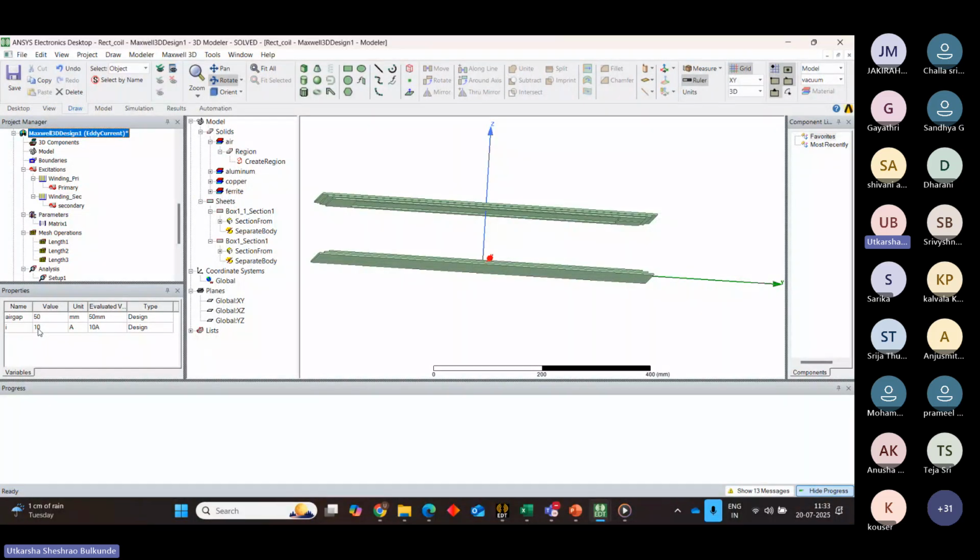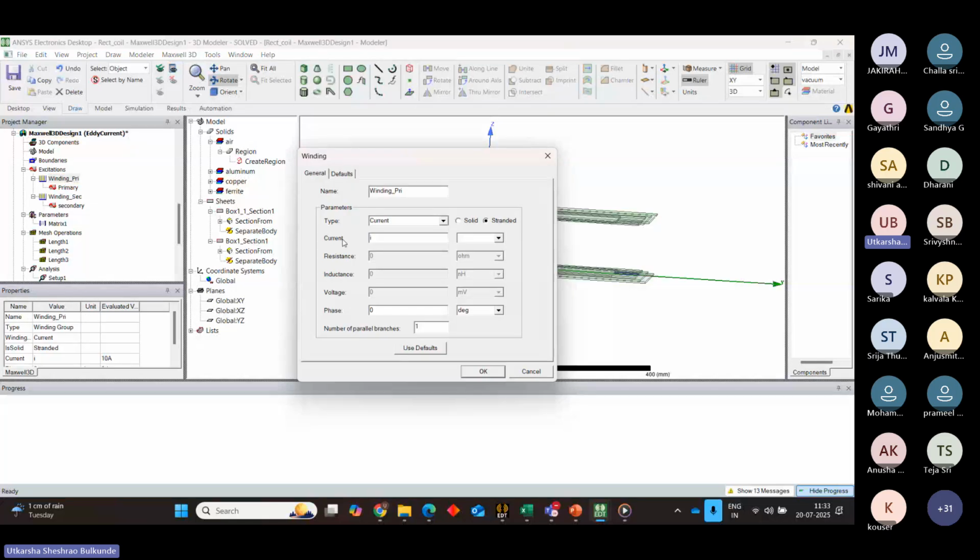But now if I want to see if my circuit has some excitation, like if I'm giving 400 volts as my excitation, how will my circuit behave? For that, there is one option known as external winding option. It will not take direct values of current, but it will take current from that circuit, which we call the external circuit.